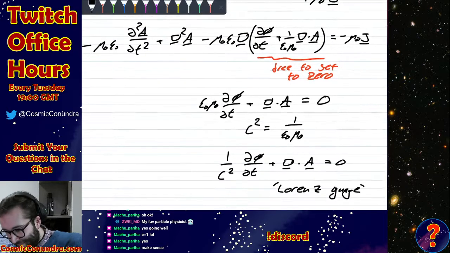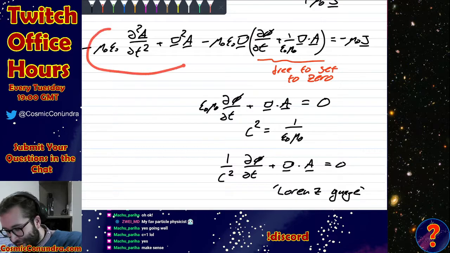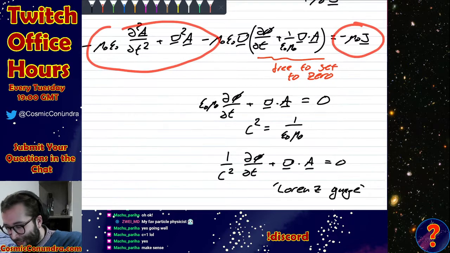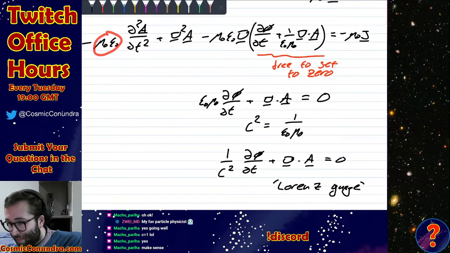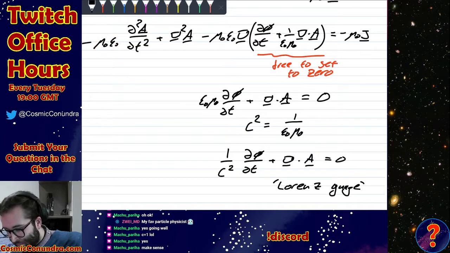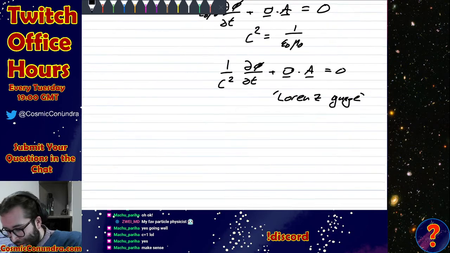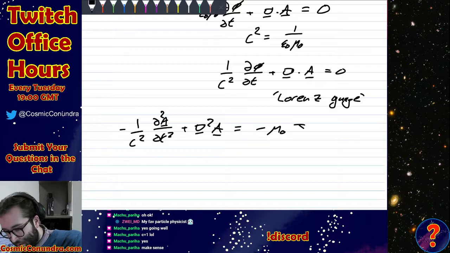But anyway. So if you set this to 0, which you can do with your gauge freedom, you get a nice equation for A, just involving these 3 parts here. And that equation, and also I'm going to again replace the mu naught epsilon naught by 1 over c squared, you end up with 1 over c squared, second time derivative, plus Laplacian, is equal to minus mu naught j.